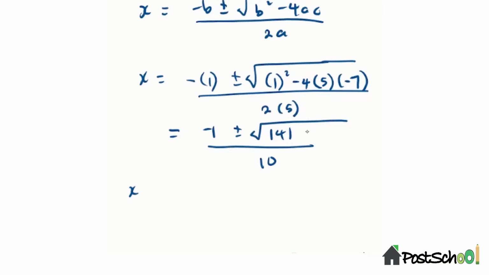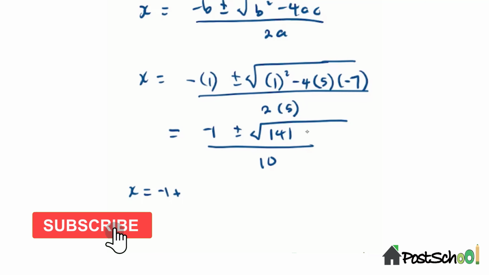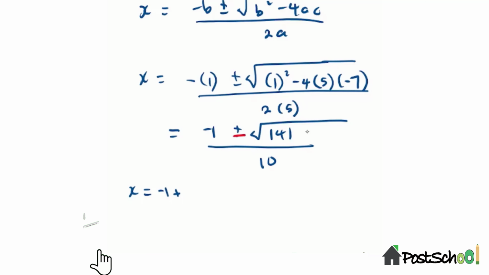Then you say x equals negative 1 plus the square root of 141 over 10, because we had plus or minus, or x equals negative 1 minus the square root of 141 over 10.